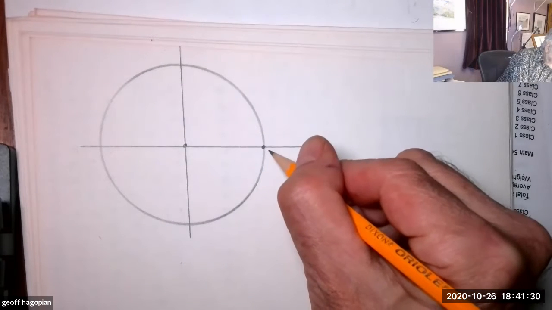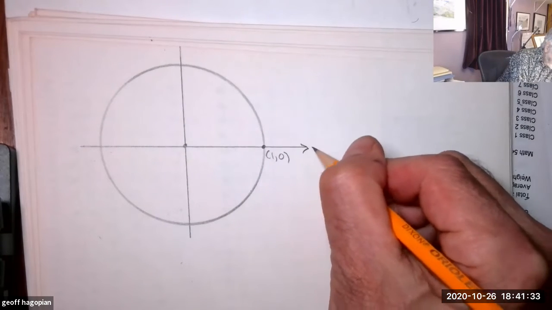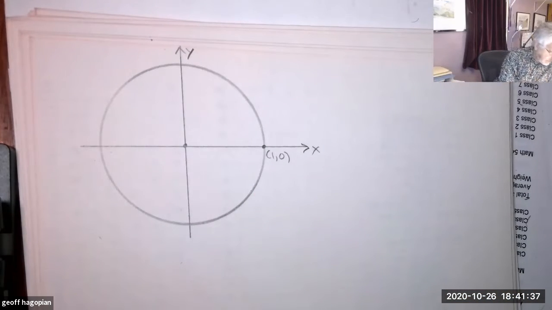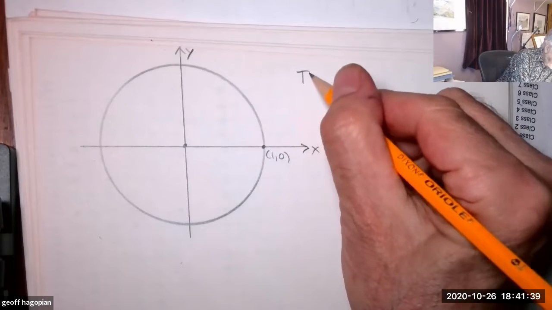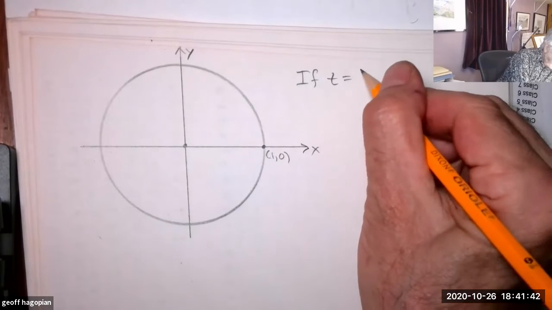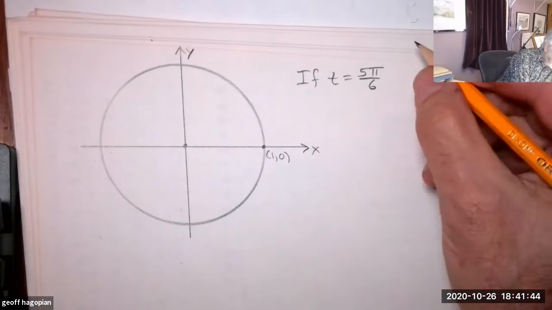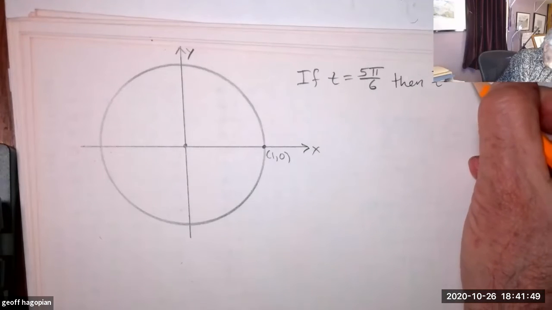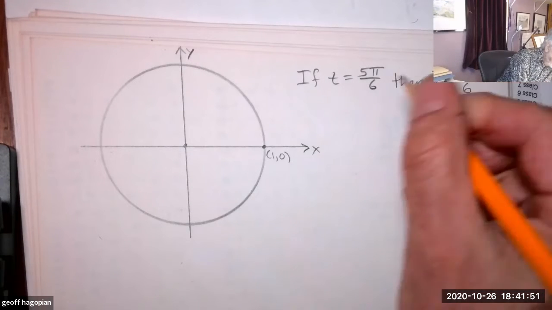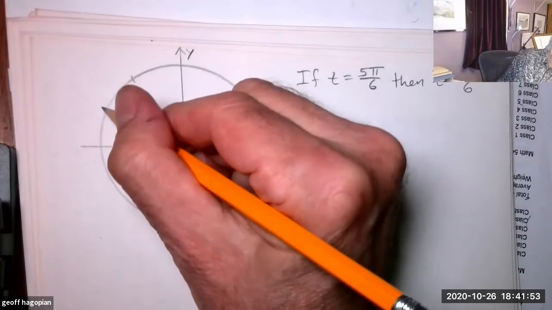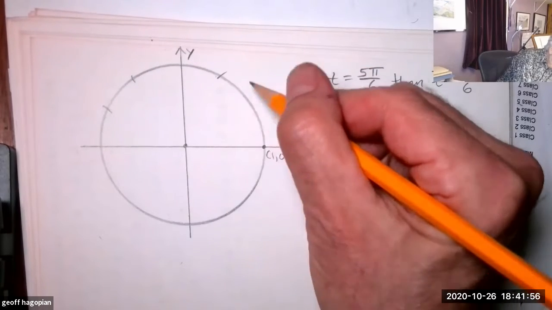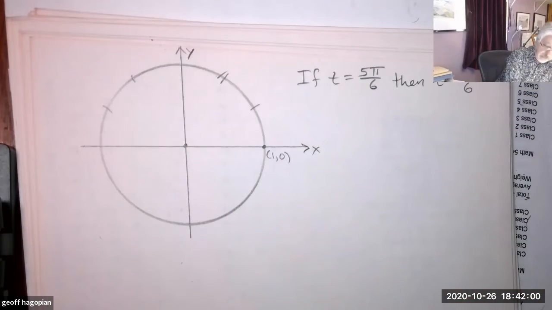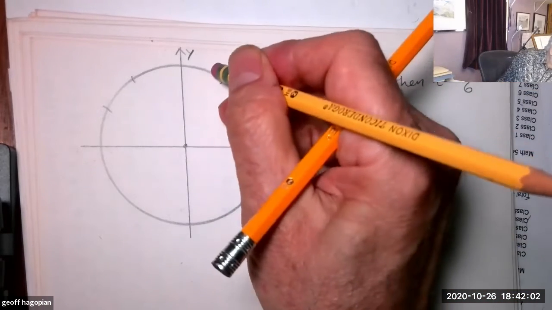So here's (1, 0) on the x-axis. And if t equals 5pi/6, then t bar is equal to pi/6, right? We saw that before, so we can mark off the circumference into thirds, trying to make perfectly evenly spaced hash marks and failing here.